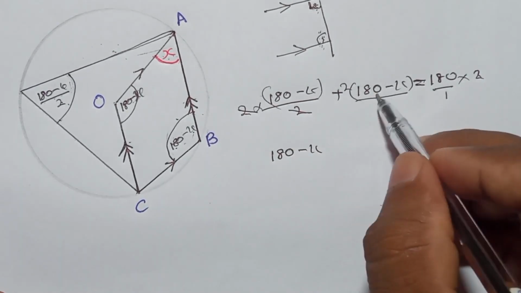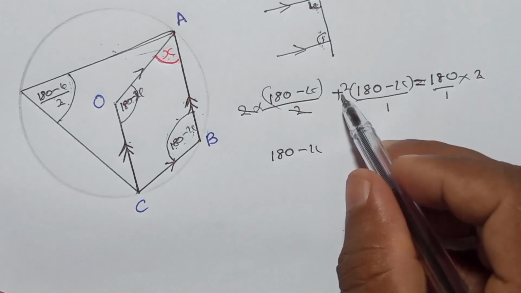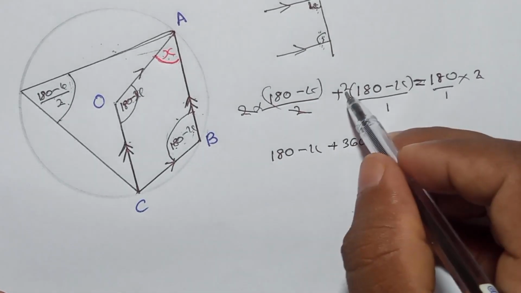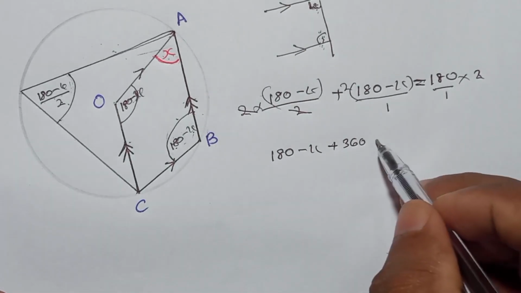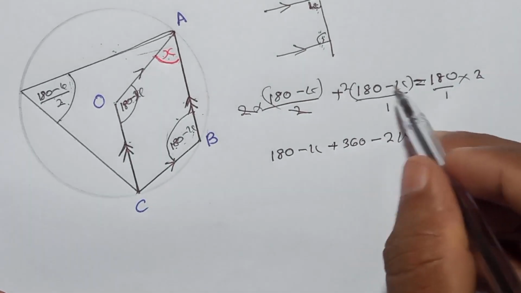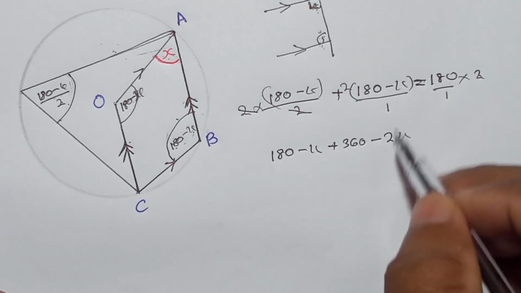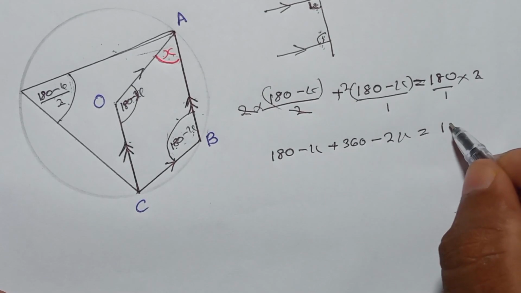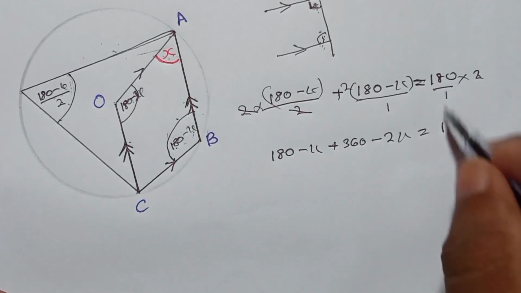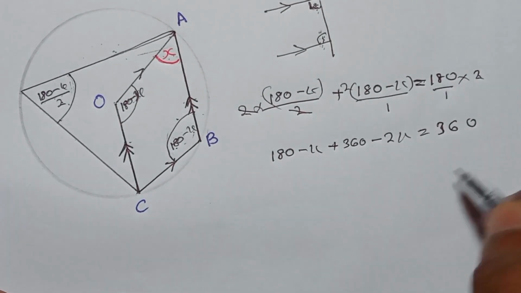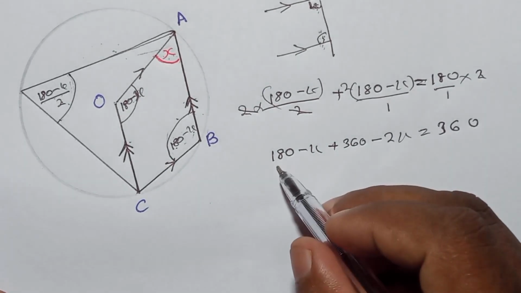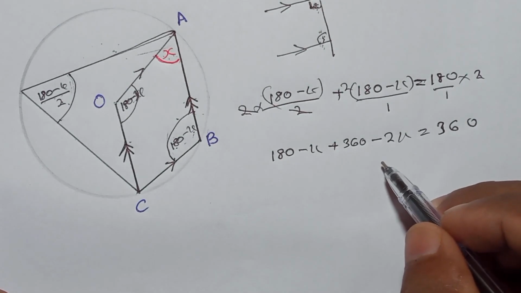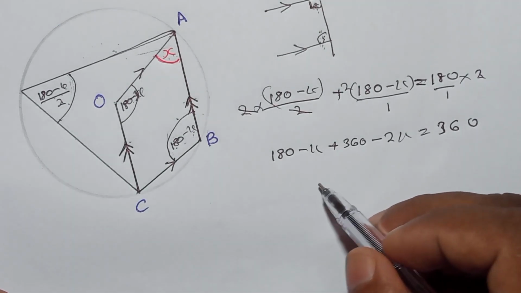Here I need to multiply both by 2. So what is the answer? 2 into 180 means 360. And 2 into minus x means minus 2x. 2 into x is 2x. Here will be 180 into 2, again 360, right? Try to understand. Now here 180 plus 360, it will be 540.